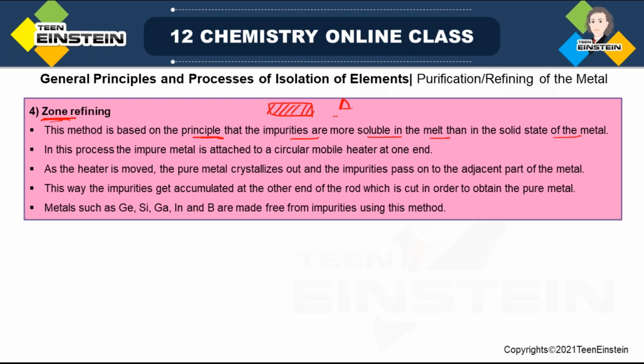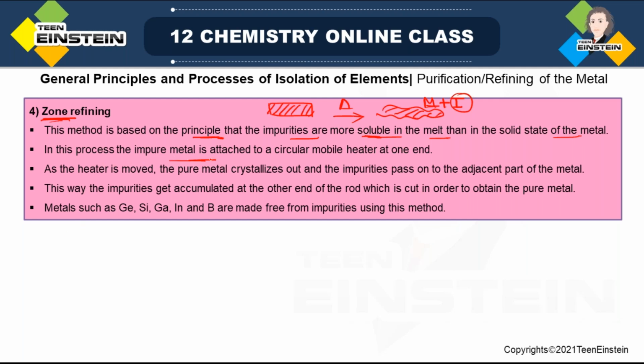You are heating it and now it is in melted condition. Now you have both pure metal as well as impurities. But in this melted condition, impurities are more soluble, but metals are less soluble. This is the principle.